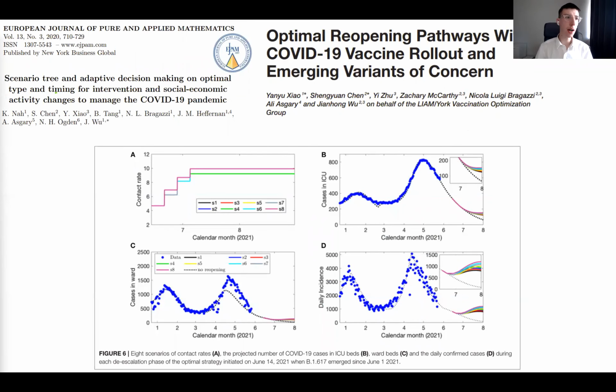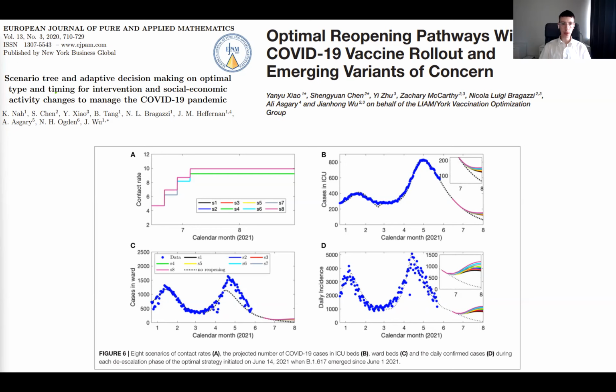And in the interest of time, I'll be very brief with these last few. Our team also developed and used a stochastic optimization technology based on an analog of the transmission dynamics model described earlier. So we determined optimal pathways from lockdown to reopening.